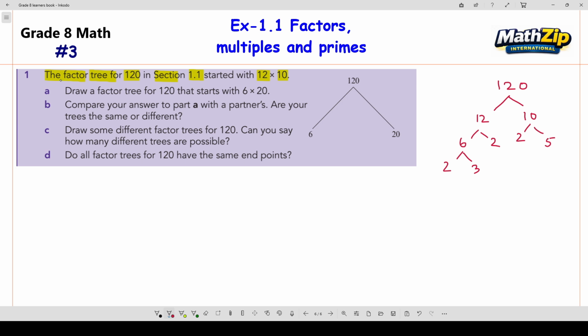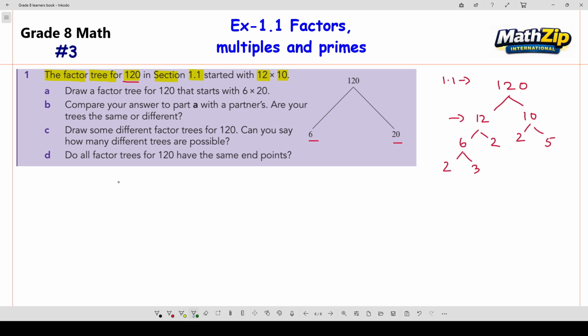Okay, so the factor tree for 120 in section 1.1, this is the 1.1 section, started with 12 times 10. Draw a factor tree for 120 that starts with 6 times 20, like this one. So first we have to finish this one.